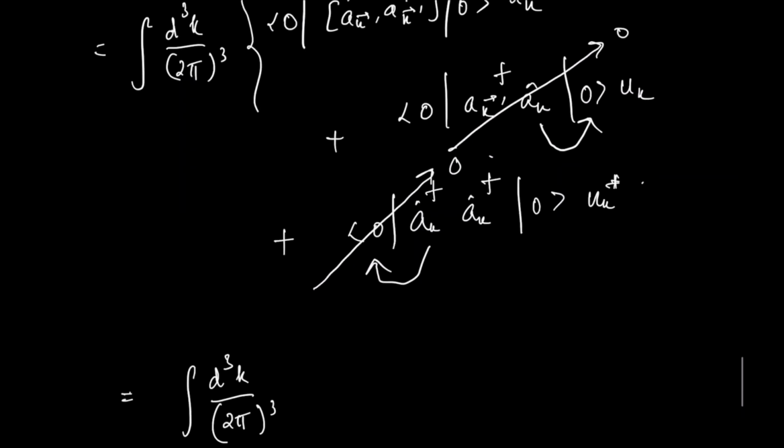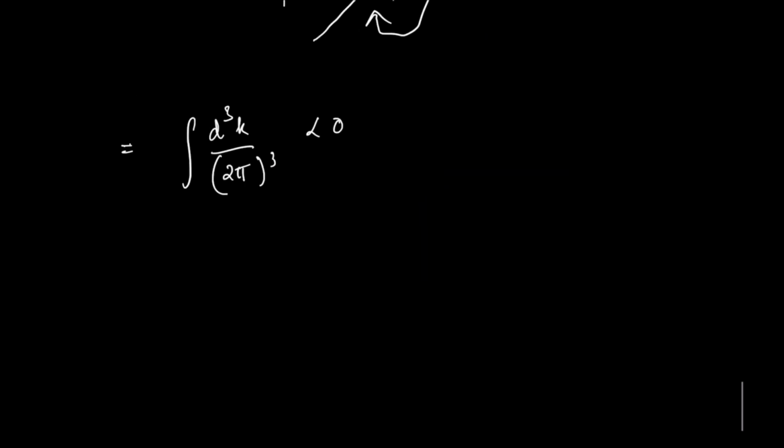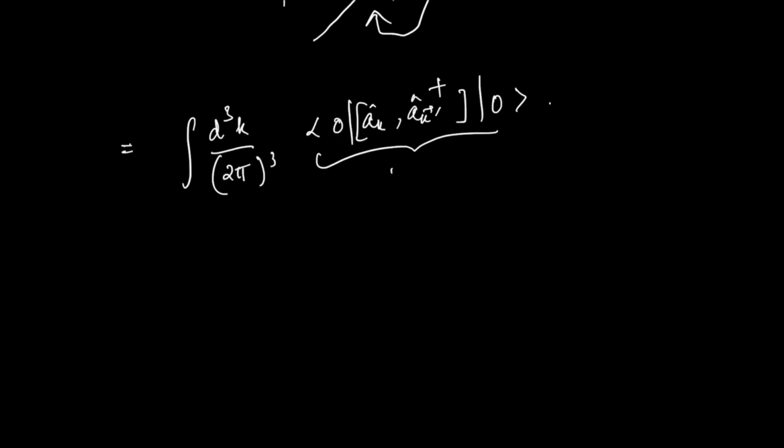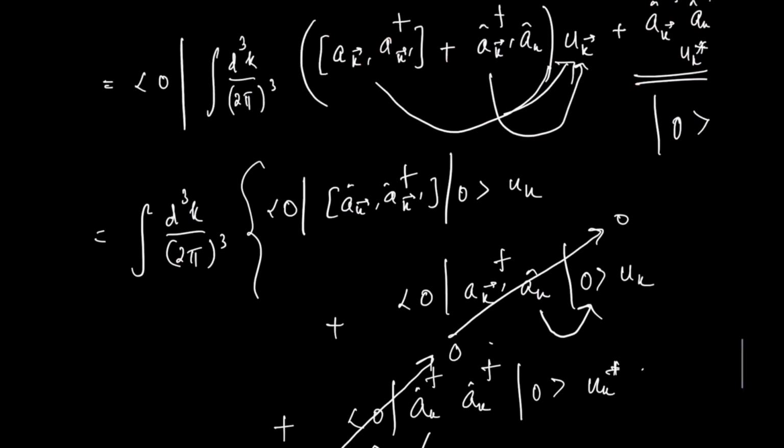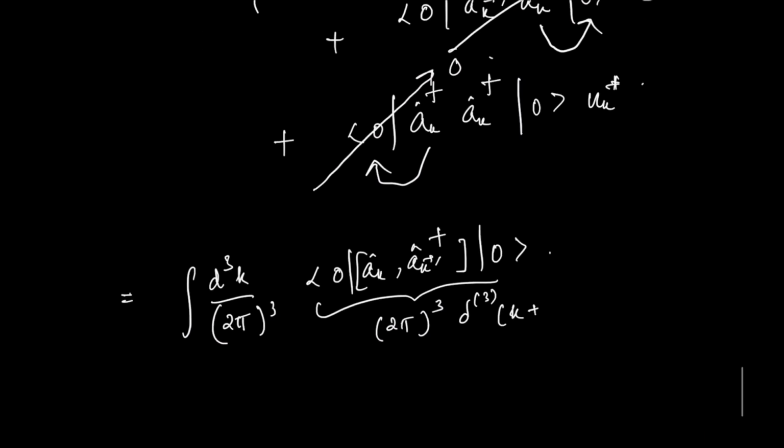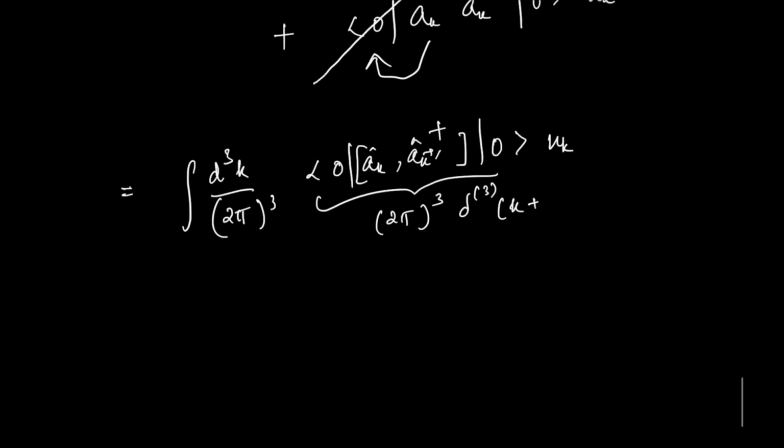Expectation value of ak ak prime dagger commutator, right? And this will be equal to 2 pi cube del cube of k, and this multiplied by uk is also there, so this multiplied by uk.